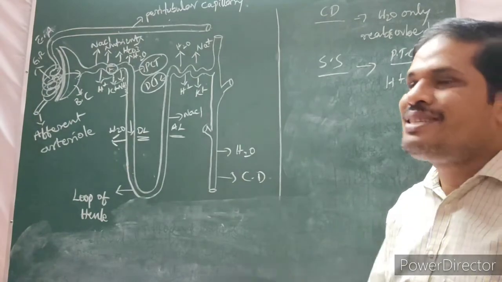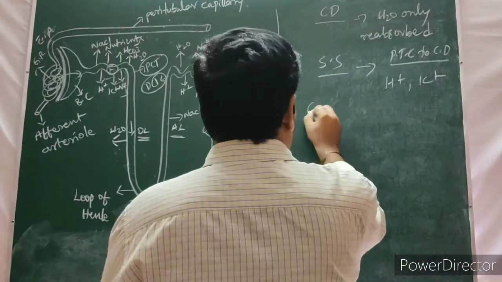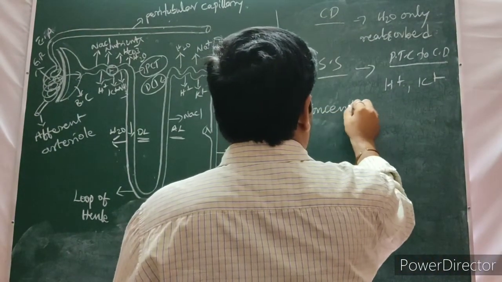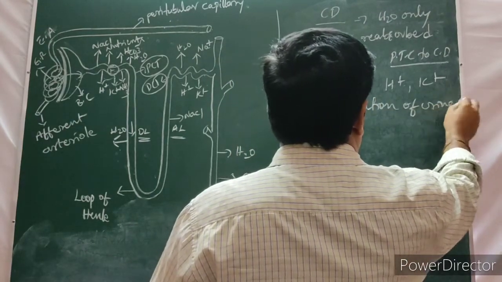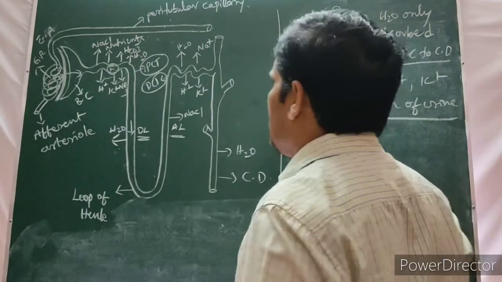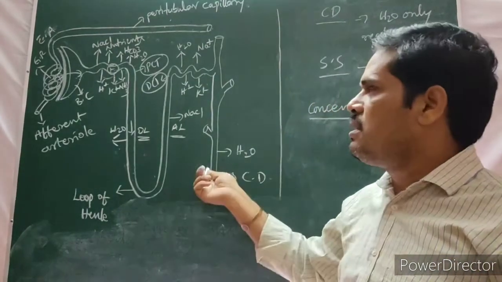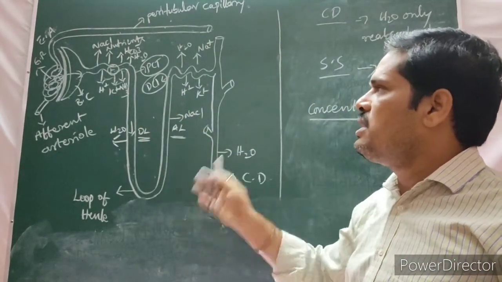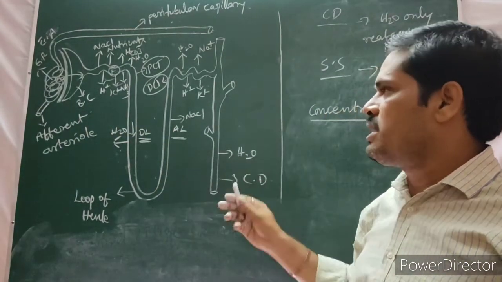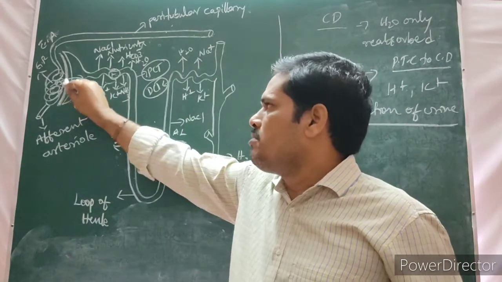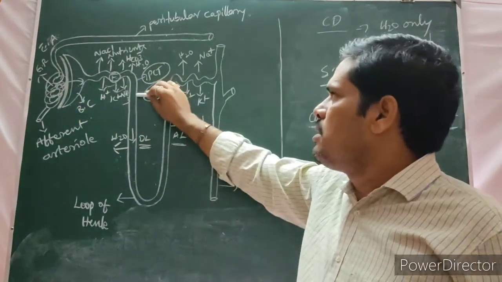Next one, concentration of urine. Before that, I will once again recap. Urine formation has 3 steps: glomerular filtration, tubular reabsorption, and tubular secretion. Glomerular filtration means filtration done in the glomerulus.